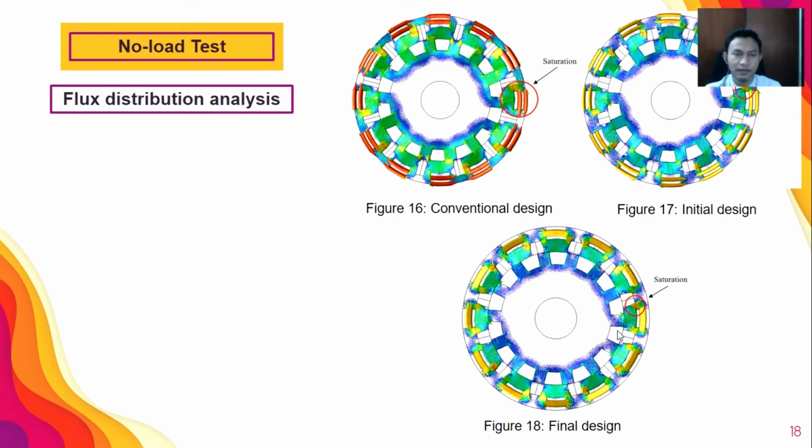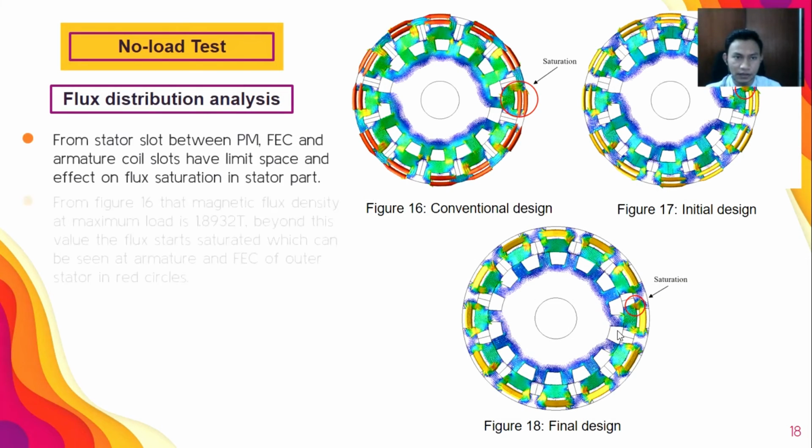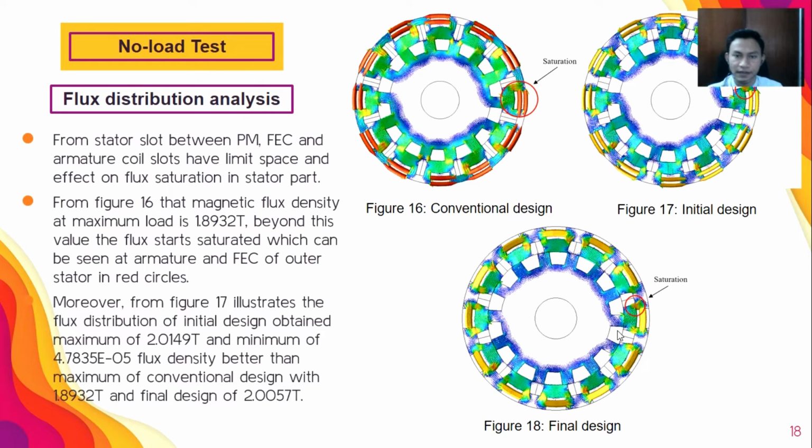So next is the no load test of the flux distribution analysis. Figure 16 is the conventional design, 17 is the initial design, and the last one, 18, is the final design. The slot between the permanent magnet, FEC, and armature coil slot has limited space and affects the flux saturation in the stator part and FEC part.